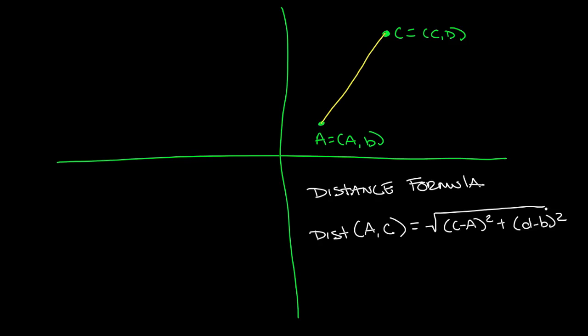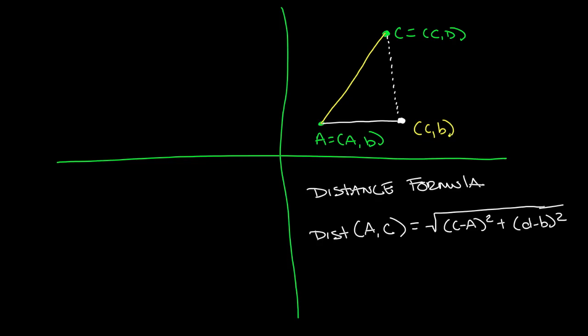Why on earth would that be true? Well, let's draw a right triangle. Let's draw a dotted line there. And if you paid attention during the points in the plane lecture, you can convince yourself that the coordinates of this point here, it has the same y coordinate as A, and it has the same x coordinate as C. So the point there is in fact (c, b).